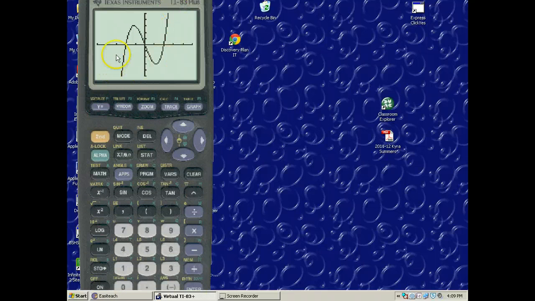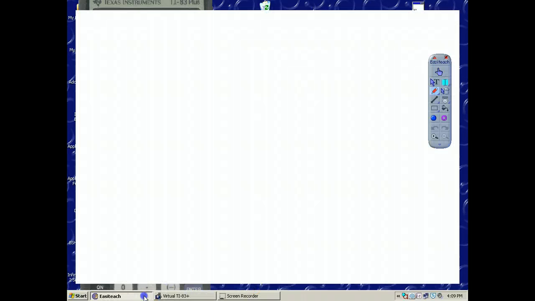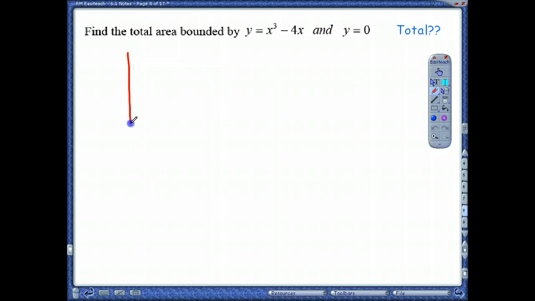graphed, and remember you're looking at the y equals 0, so you've got two areas. You've got the area over here above the x-axis, and you've got this area below the x-axis. So when I'm looking at this, if I just kind of quickly make a little sketch here, I have area 1 and area 2. So this is going to be our area 1.